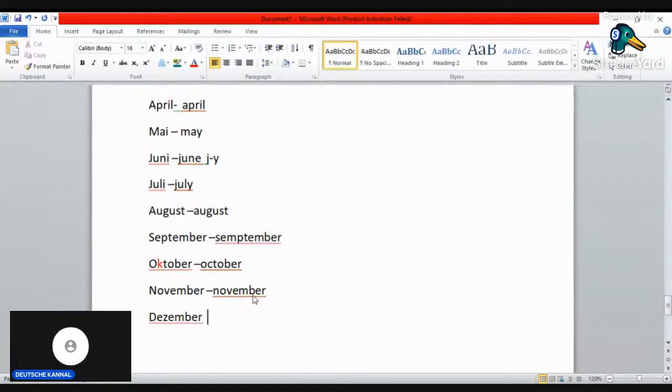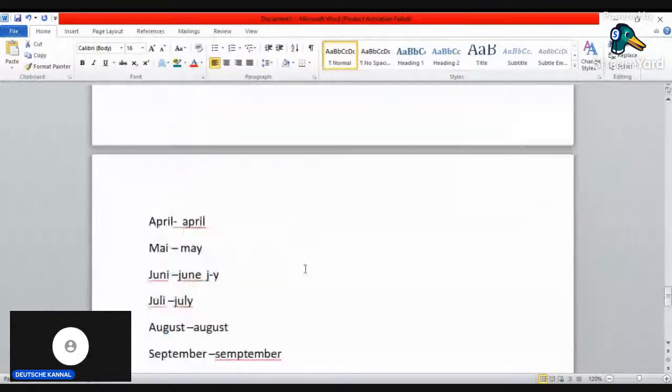Then December. Instead of C, it stays Z in German, Dezember. It's only the Z that's changing.